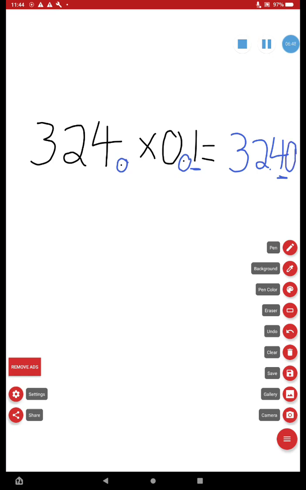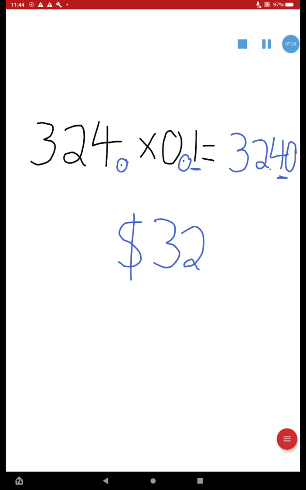So we'll write a 0 at the end. Now does that start to look a little bit more like money? Yes, you're seeing, let's draw the dollar sign, $324. Saving 1/10 of it becomes $32.40. So she knows that she's putting away $32.40 every month, and that's her 10th.